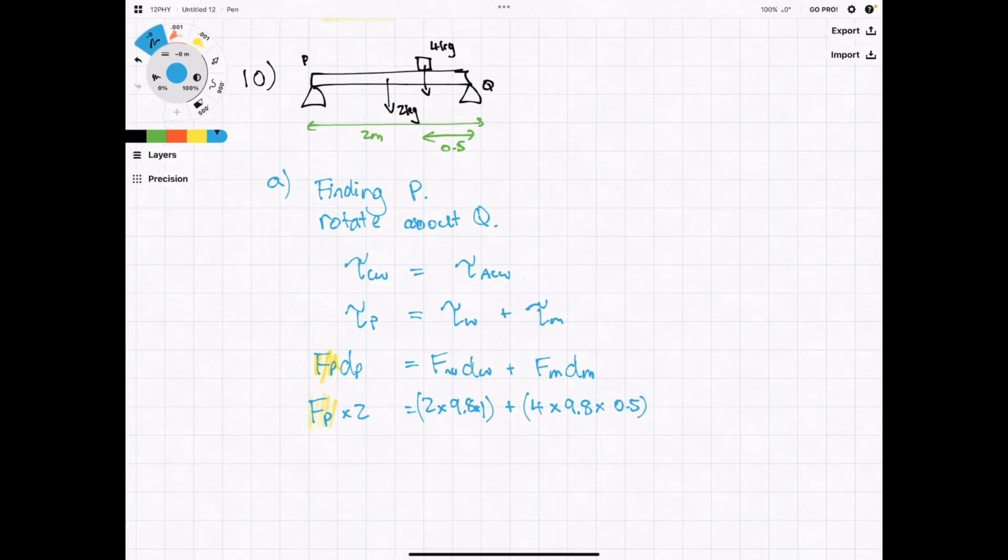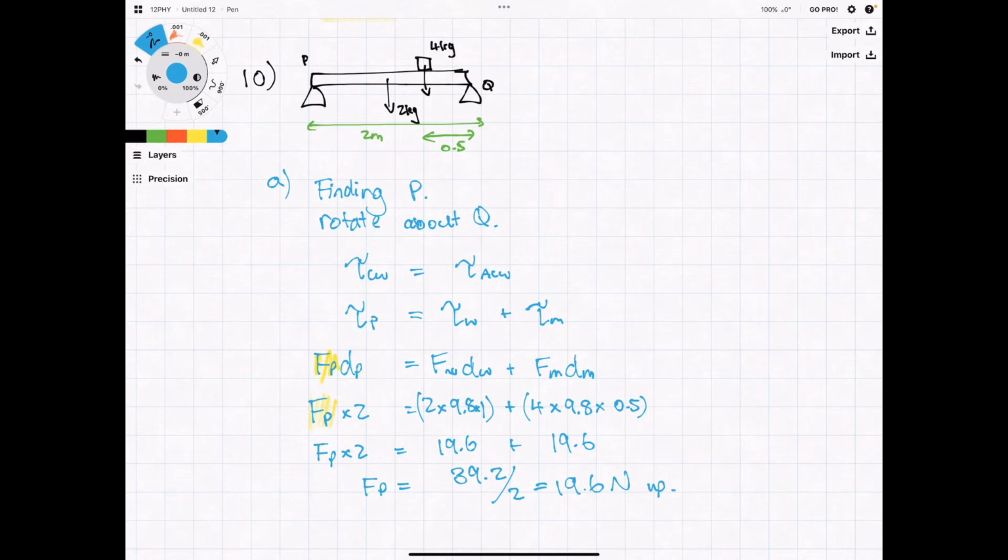Okay, I'll just work that out, which is 19.6, 19.6. Cool. FP times by 2 equals 39.2, so FP equals 39.2 divided by 2 equals 19.6 newtons up.